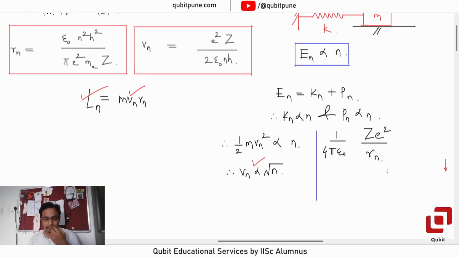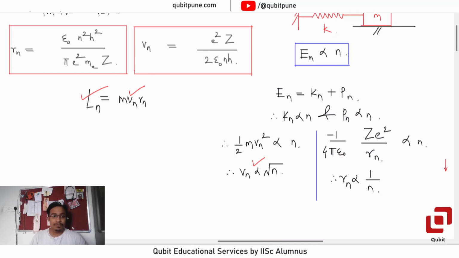Is that right? Yes, of course with a negative sign, but let's not worry about that too much. So this is proportional to n, which means Rn is proportional to 1 upon n. Z is constant, E is constant, epsilon naught is constant. Raise your hands if you have also understood that.